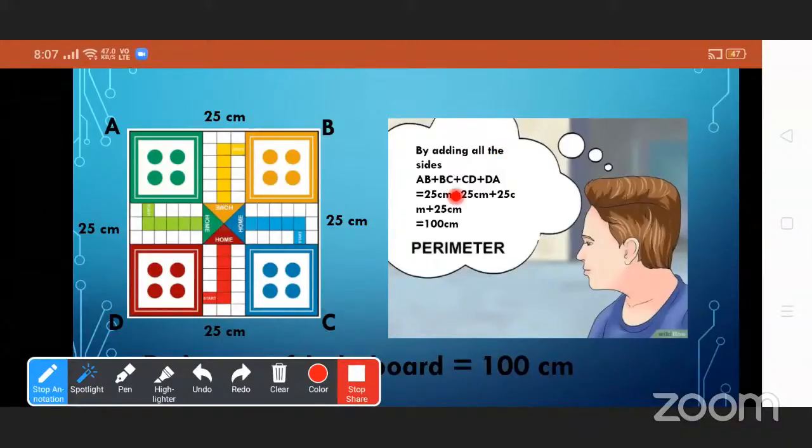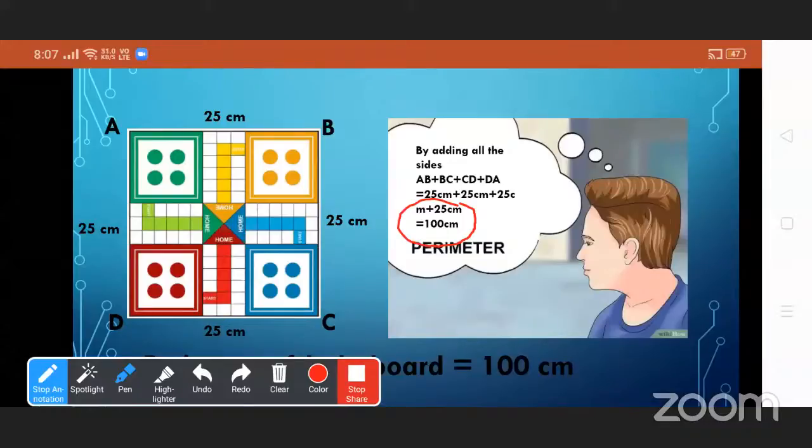AB plus BC plus CD plus DA. So 25 centimeter plus 25 centimeter plus 25 centimeter plus 25 centimeter. So what is the answer? See, this is the answer. It is 100 centimeter.